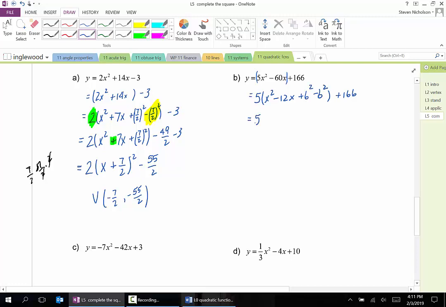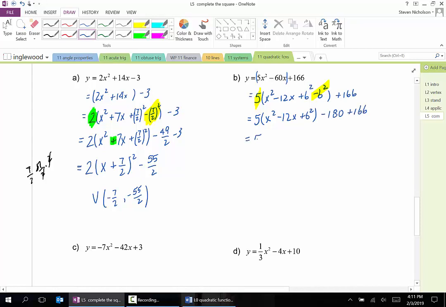Next step is take out that extra thing we added. Take this out, but remember, we also have to multiply by the 5. So negative 6 squared is negative 36, and 5 times negative 36 is negative 180.